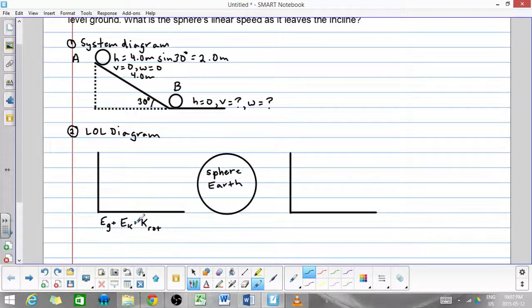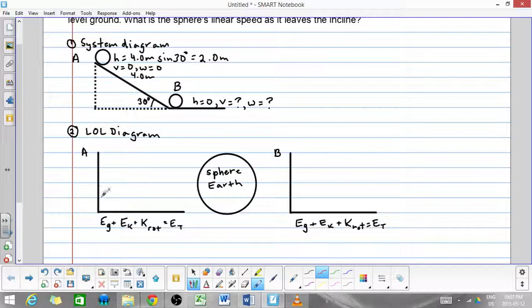And these will all add up to the total mechanical energy. And same after. So if this is position A and this is position B, EG plus EK plus our K rotational make ET.